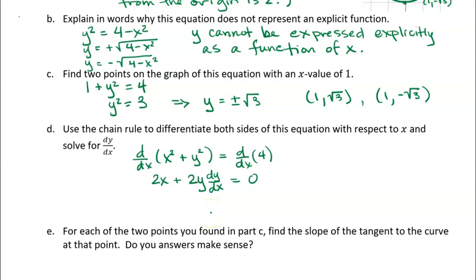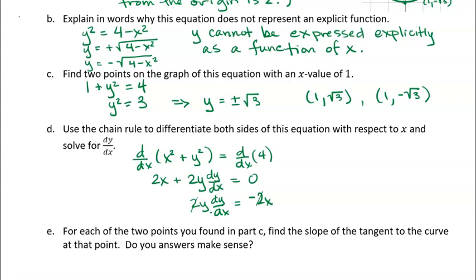So now we just need to solve for dy/dx. Okay, so I'm going to subtract the 2x from both sides. I'm going to get 2y dy/dx is equal to minus 2x. All right, and then I just need to divide both sides by 2y. So if I divide both sides by 2 first, you can see those 2's will cancel. Divide that by 2, divide that by 2.